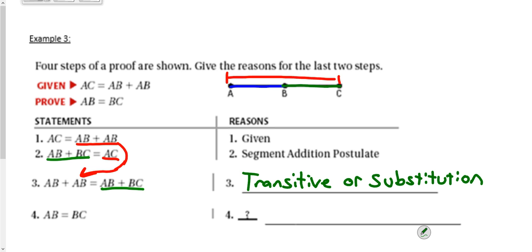Well, if we subtract AB on both sides, that's going to cancel out those ABs, and we'll be left with AB equals BC. So that was the subtraction property. So we had to subtract the same thing on both sides, AB on both sides, to get to AB equals BC.